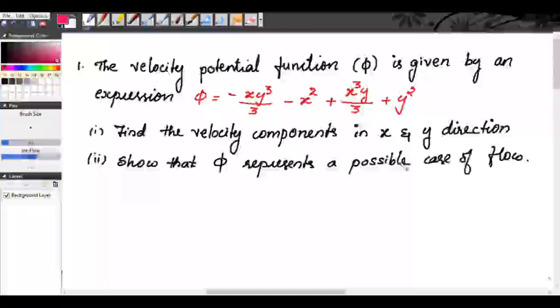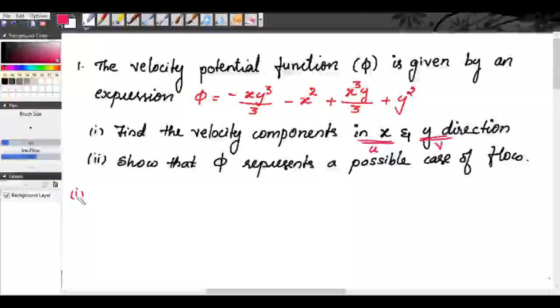Show that phi represents a possible case of a flow. So we can substitute the formula and find the velocity components in x and y direction. Velocity component in x direction is u, velocity component in y direction is v. Now in order to show that it represents a possible case of flow, we need to prove that it satisfies the Laplace equation. Okay.